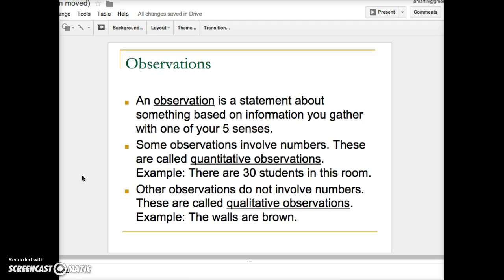So the first type of observation is a quantitative observation. Okay? A quantitative observation involves numbers. For example, there are 30 students in this room. Now, we all know that's a false statement.